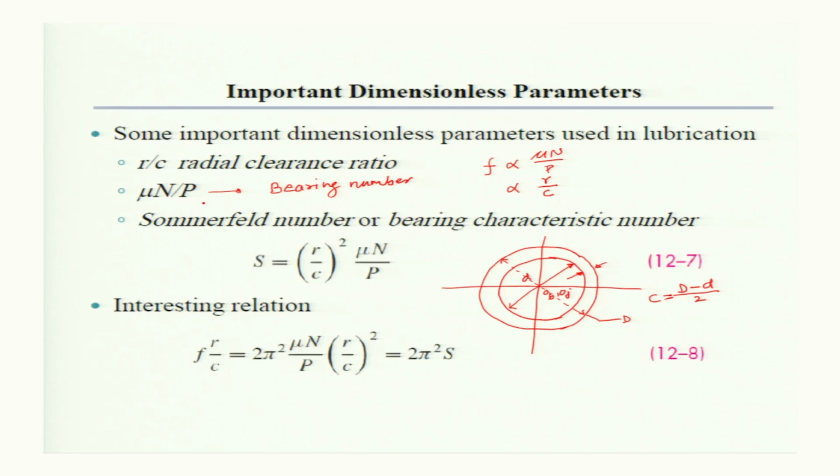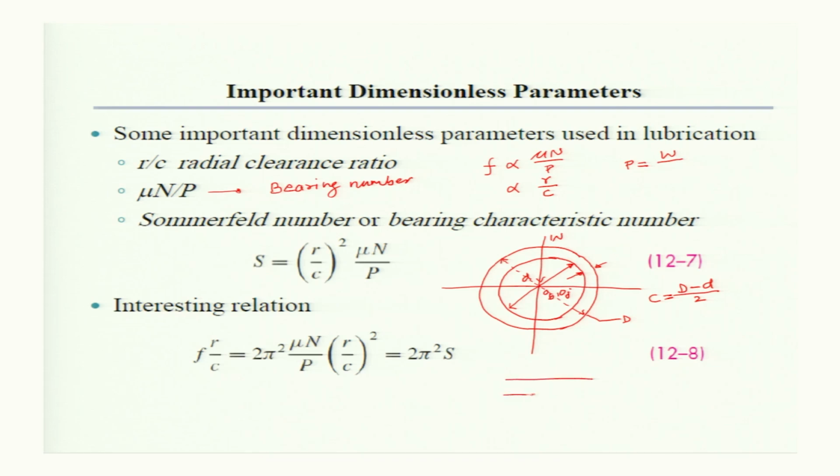This unit load is the radial load acting on the journal, W, divided by the projected area supporting this W, which is the diameter of the shaft multiplied by the length of the bearing.